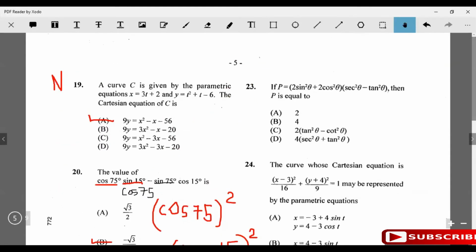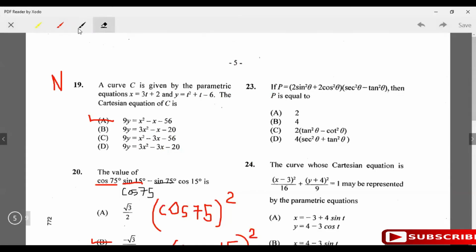All right. Question 23. Question 23 is the easiest question on the paper. It says 2 sine square theta plus 2 cos square theta times sec square minus tan square. Now 2 times sine square theta plus cos square theta. If I were to factor out 2, I'm left with sine square plus cos square.